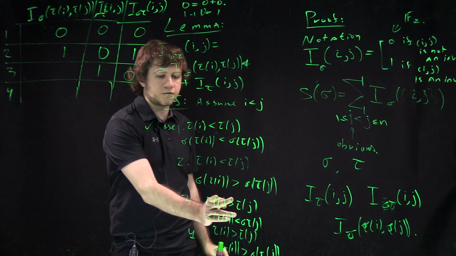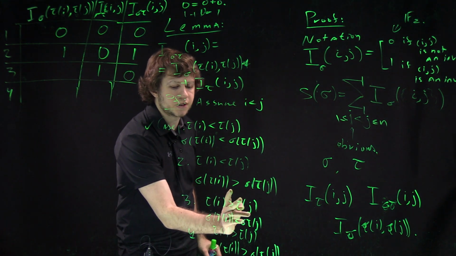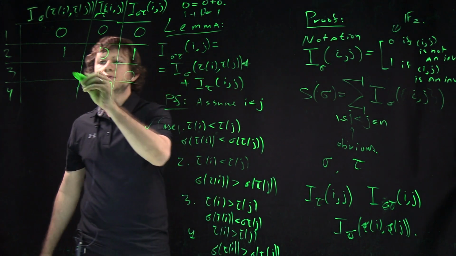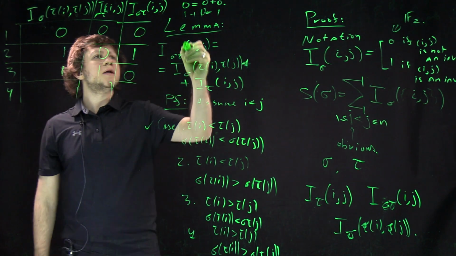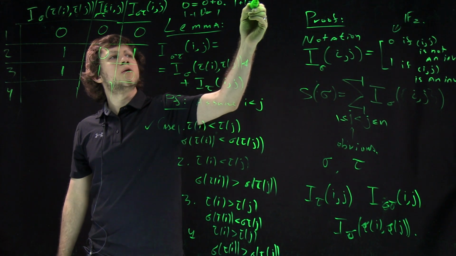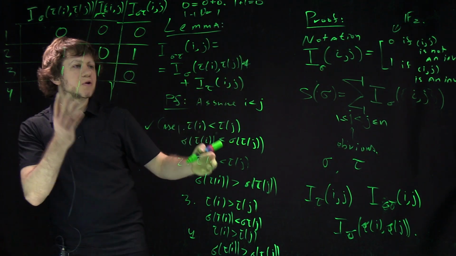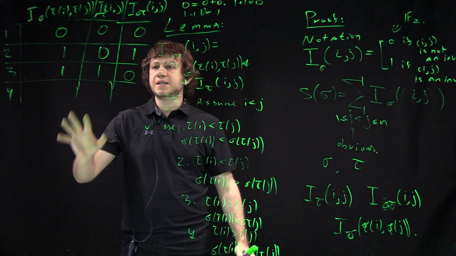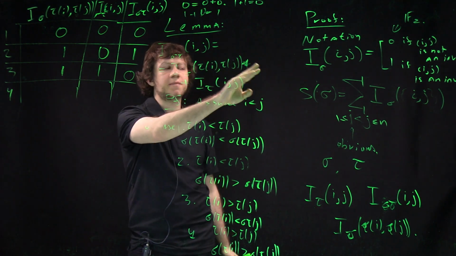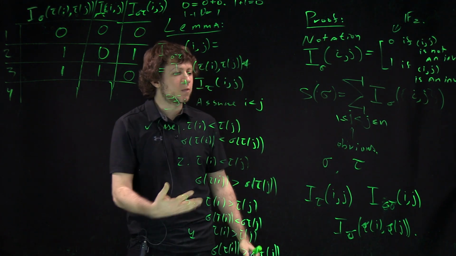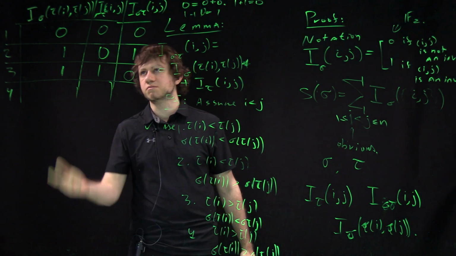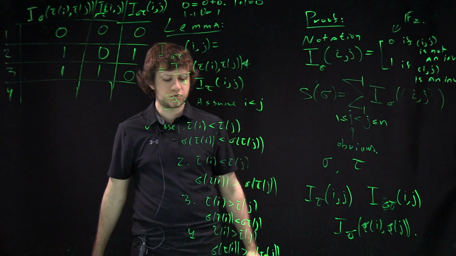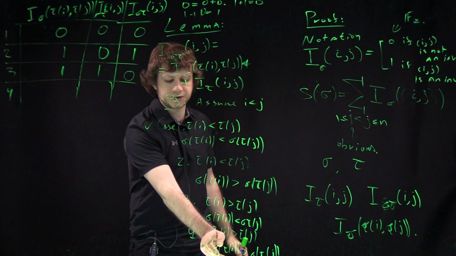And then of course tau of i was bigger than tau of j, but sigma exchanges them, so this one is an inversion. And here you have 1 plus 1 equals 0, which is true because we work with F2. But this is exactly the only case when this happens, and this is in charge of the fact that the number of inversions is not simply added when you compose multiple permutations.